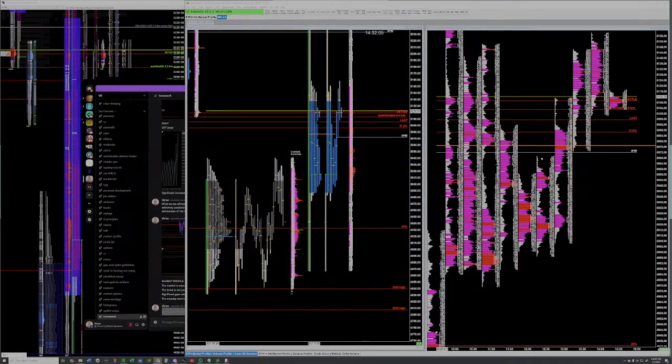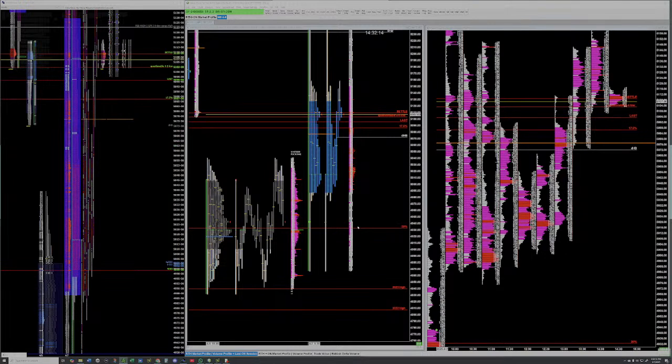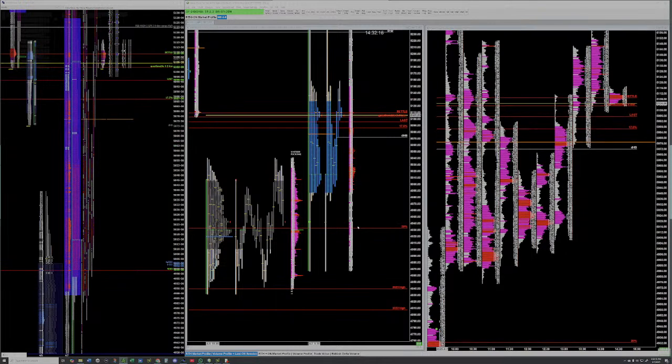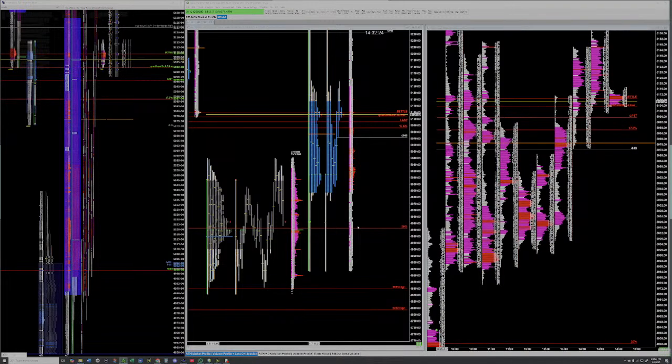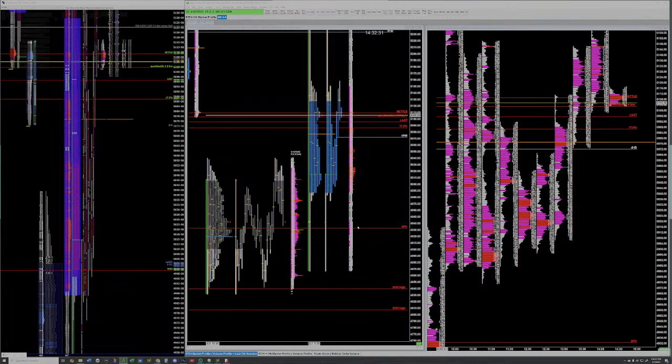Now, I am doing this stream to highlight just one thing here, and it is this: the guidelines, the mindset that I have to see the market, to trade the market, to analyze, to observe the markets are unchanged.